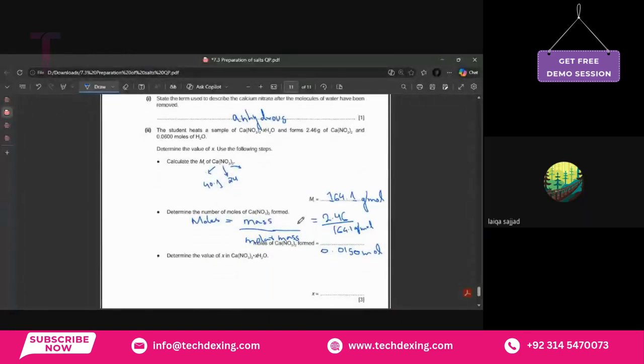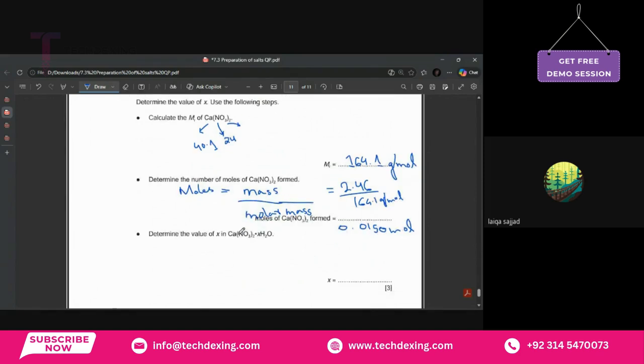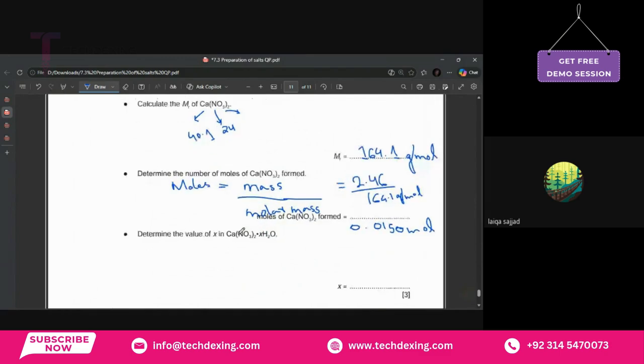Yes. So we solved half of the question in the last class, and now we have to simply determine the value of x. So how can we find the value of x now? The value of x represents the ratio of moles of water to moles of calcium nitrate.